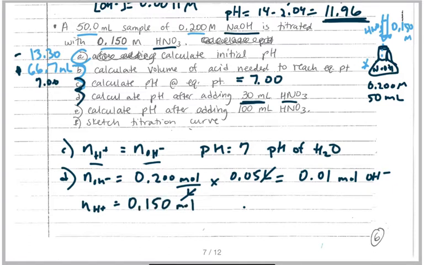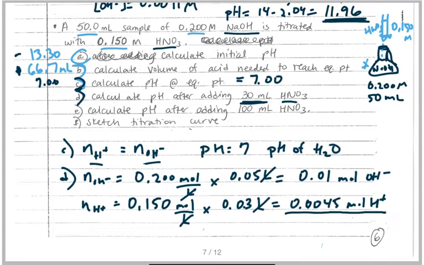And for the moles of hydrogen ion, we have 0.150 molar, or moles per liter, of acid. In this part, it asks after we've added 30 milliliters, so that's 0.03 liters. So that is 0.15 times 0.03, 0.0045 moles of hydrogen.